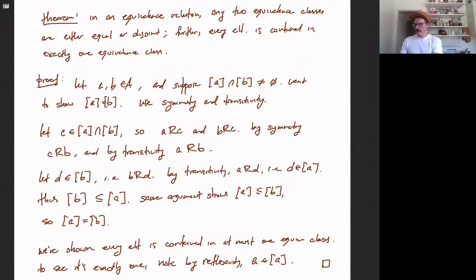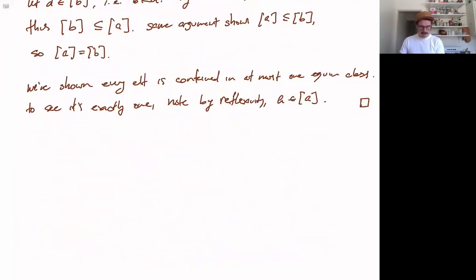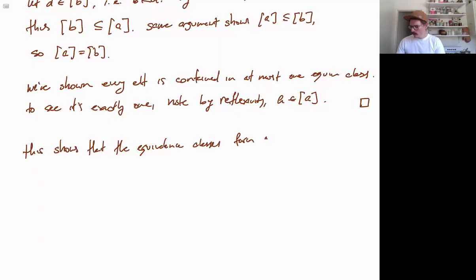So another way of stating this theorem is to say that in an equivalence relation, the equivalence classes form a partition of our set. And what does this mean?